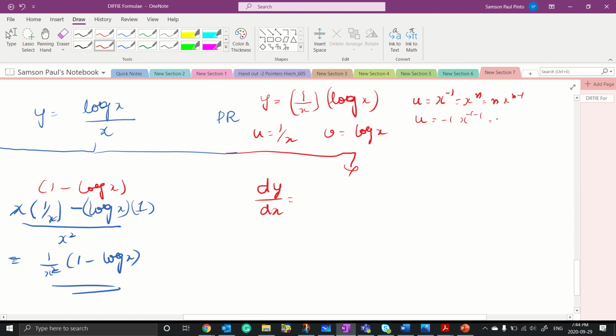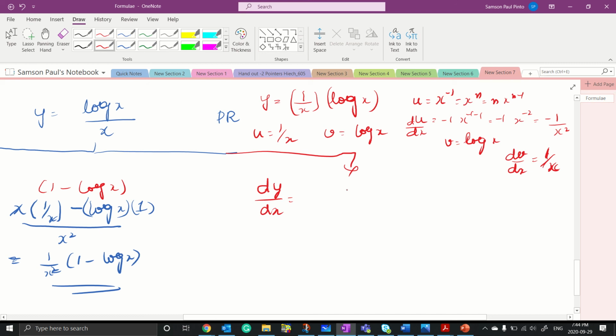So that is nothing but minus 1 into x to the power of minus 2, or minus 1 by x square. Okay, so this is how you solve du by dx. And for v, you have a formula directly for that, so dv by dx is directly 1 by x.